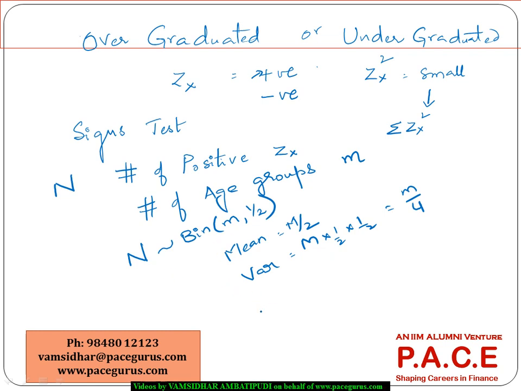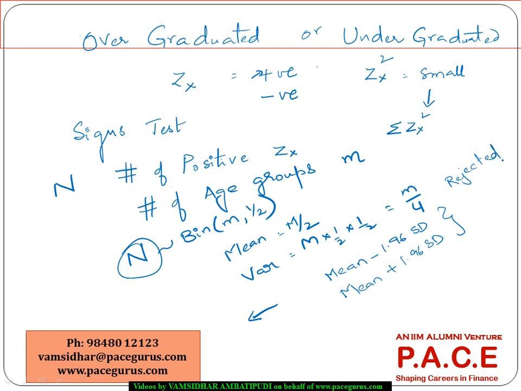So what you can see is, if the actual observed number of positives is much lesser than the mean, let's say I am making a normal distribution assumption, mean minus 1.96 times standard deviation, or if my n is greater than mean plus 1.96 standard deviations, we will reject the null hypothesis and say there is either overgraduation or undergraduation.